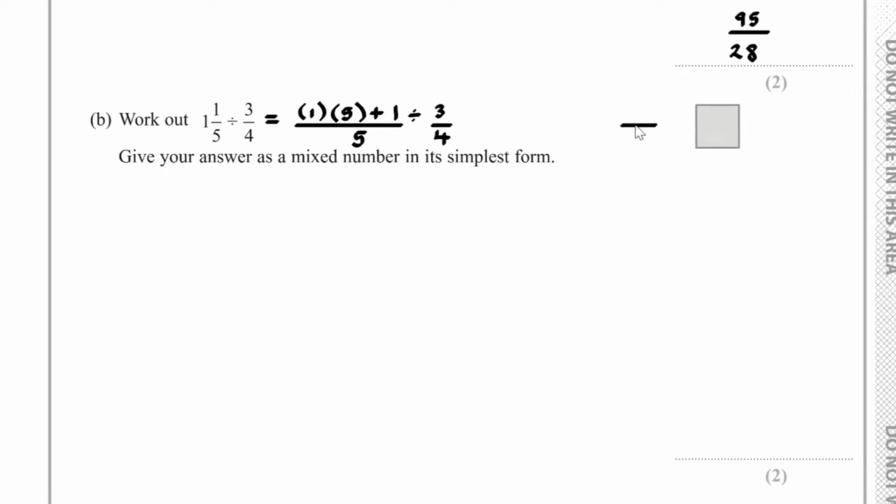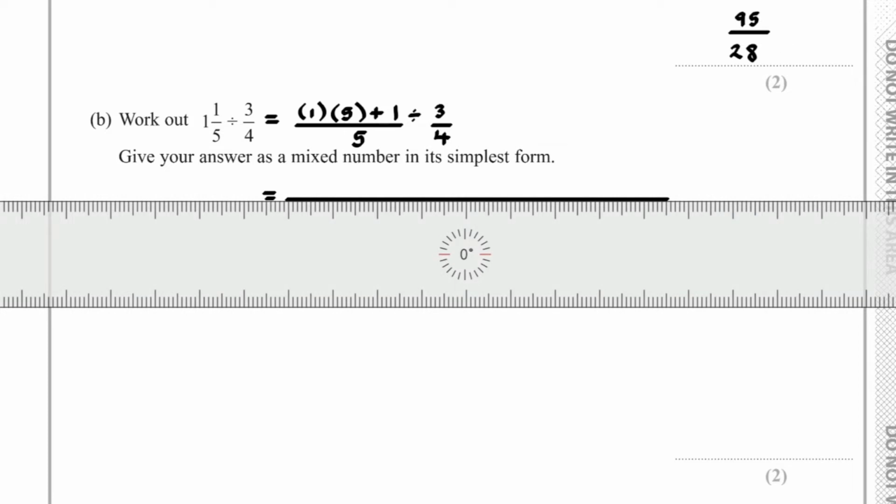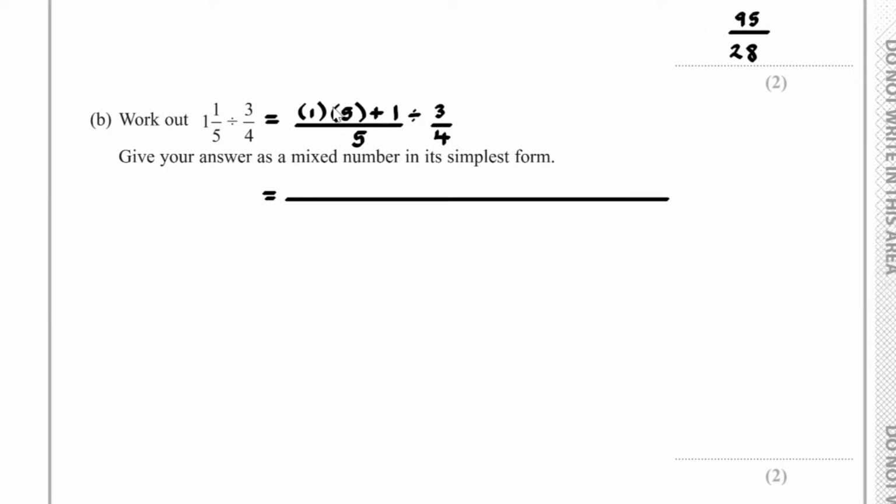And so if we were to simplify this even further, 5 plus 1, that's 6, and we are dividing this by 5.